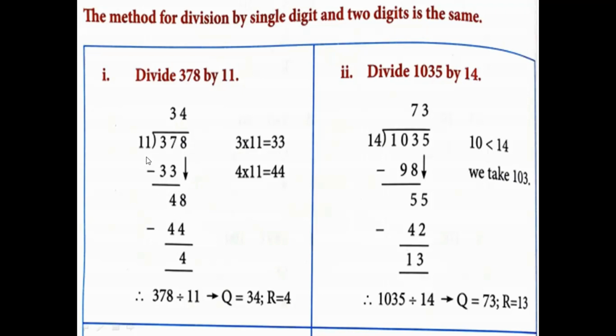Now 11 fours are 44. 48 minus 44, difference is 4. 378 divided by 11, quotient is 34. Remainder is 4.